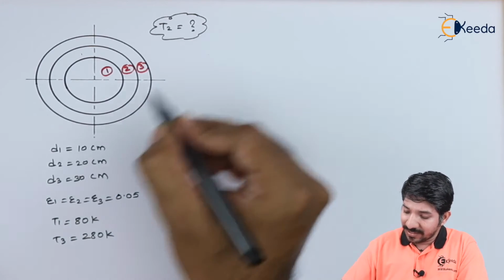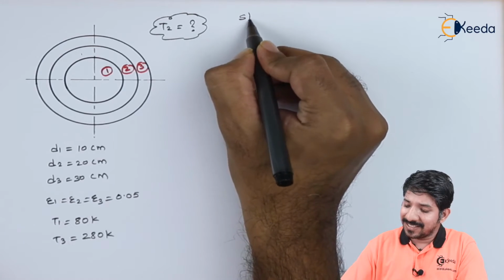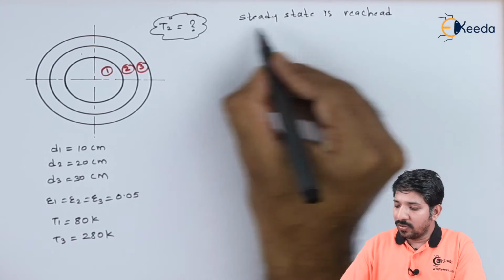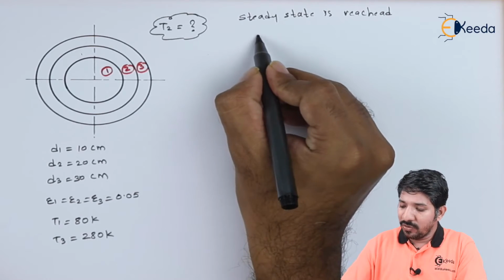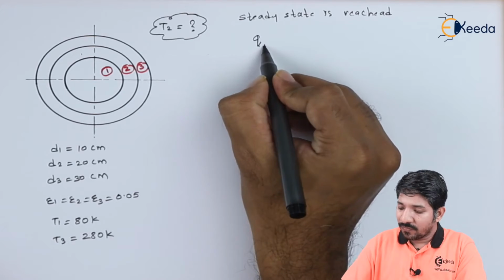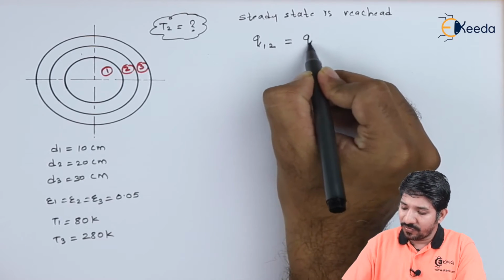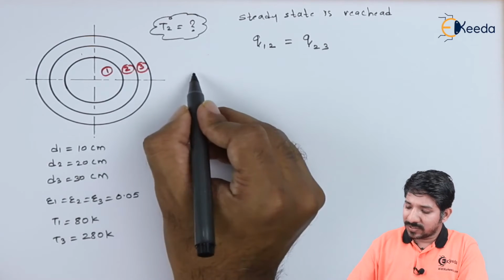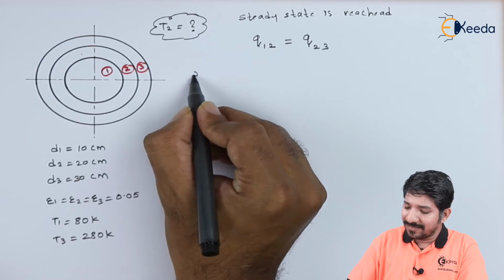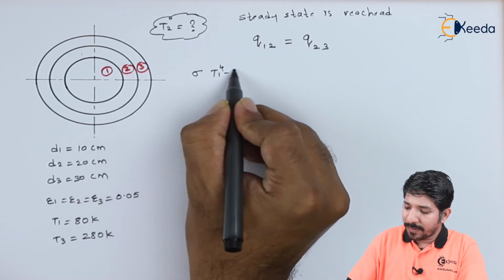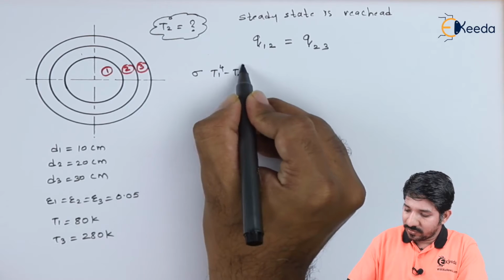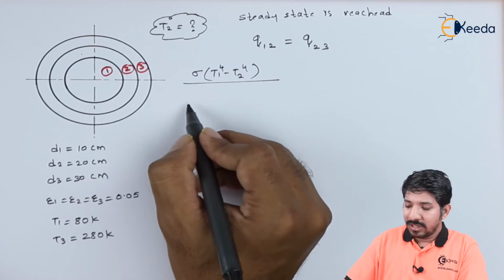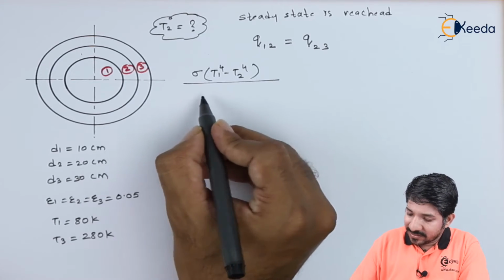So in the solution, obviously, as the steady state is reached, we are going to assume that the amount of heat transferring from 1 to 2 is the same as the amount of heat transferring from 2 to 3. Now let us write down the expression. So this can be given as sigma (T1 raised to 4 minus T2 raised to 4). In the denominator, obviously we can write down the surface resistance and the shape resistance.